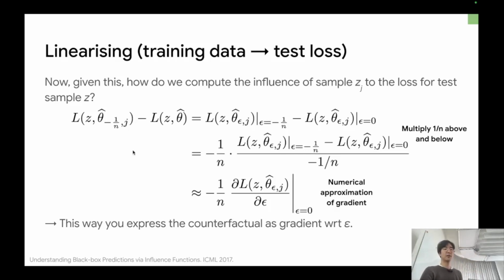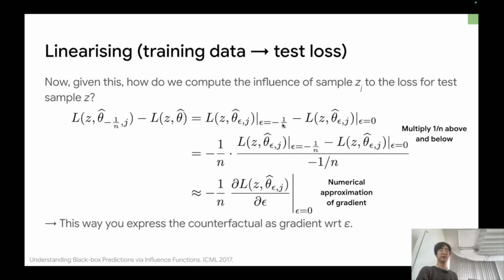And the final quantity, again, is expressed in terms of L of Z, the test point, at theta hat at -1/n, and J minus the original loss, which is L of Z and theta hat. And again, I'm just going to write this down as a function of epsilon and evaluate the function at epsilon equals -1/n here and epsilon equals 0 here.